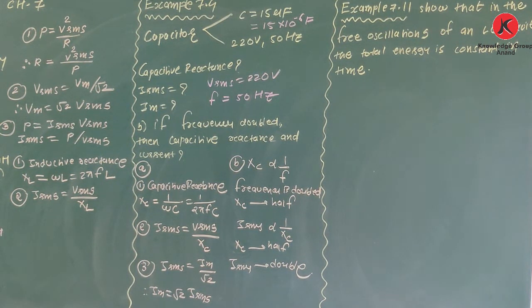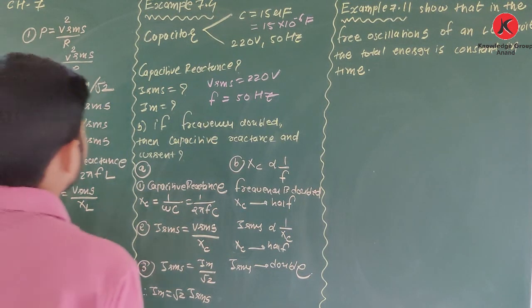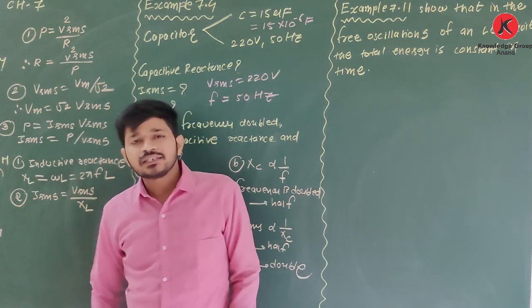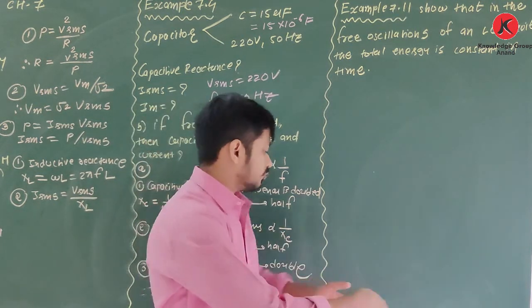Show that in the free oscillations of an LC circuit, the total energy is constant in time. Total energy means energy stored in capacitor plus energy stored in inductor, and it remains constant. See how to solve this question.